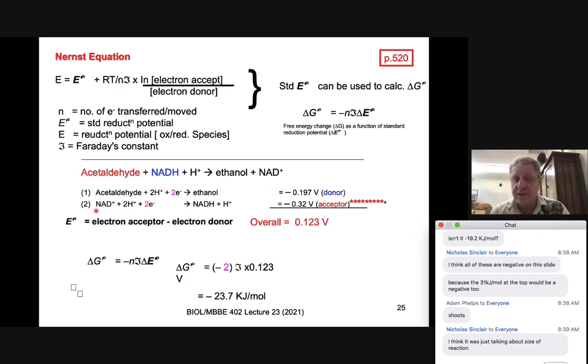From our second half reaction, which is actually the production of NADH, we're going to take 2 electrons, 2 protons, and NAD plus to produce NADH plus 1 particular proton.